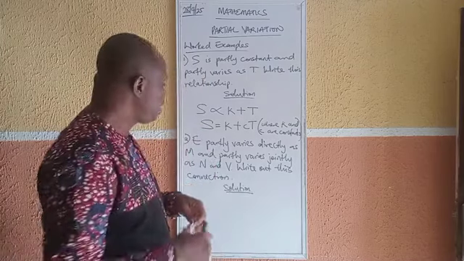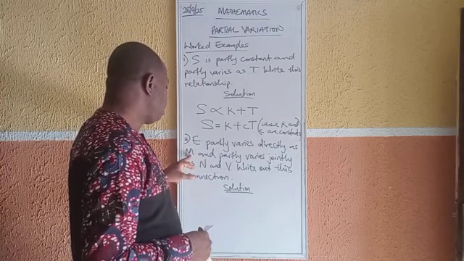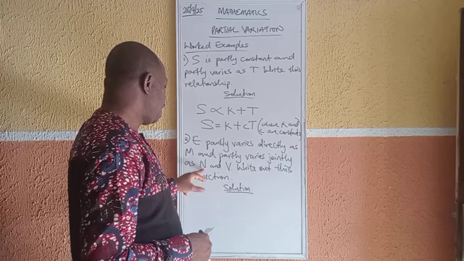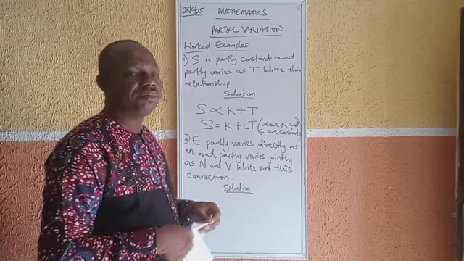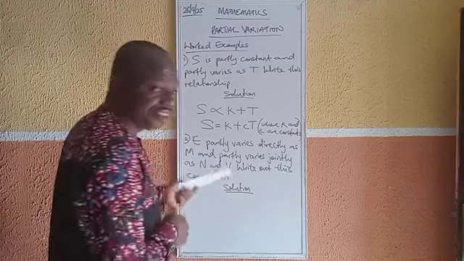What are the quantities here? E, M, N, and V. There are four quantities. So let's write it out.